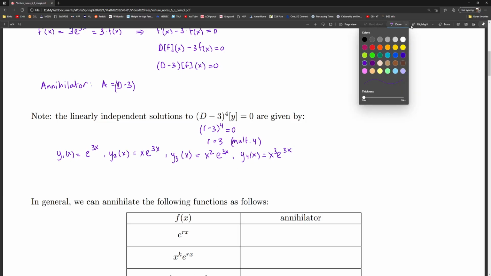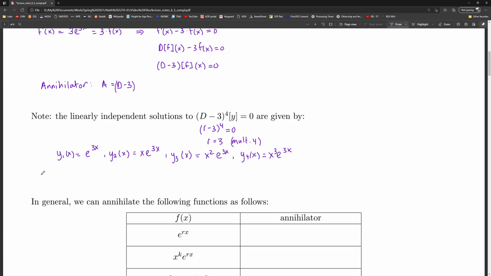So in other words, what we see is that D minus 3 to the power 4 annihilates all these functions here. So we have x e to the power 3x, x squared e to the power 3x, and then x cubed e to the power 3x.